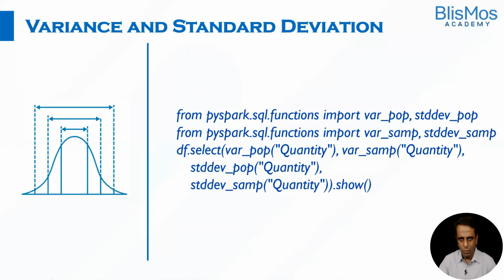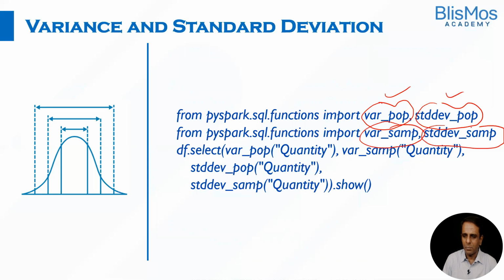You got to import, these are the inbuilt functions, that is the good news. You need not really code everything from scratch. You need to import var_pop, variance for the population, var_samp, variance for the sample, and stddev_pop and stddev_samp, standard deviation for the population and the sample. As usual, you got to provide the name of the data frame and select the column on which you want to compute the variance and standard deviation.